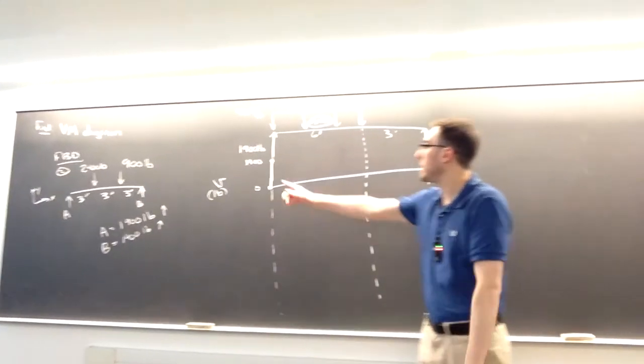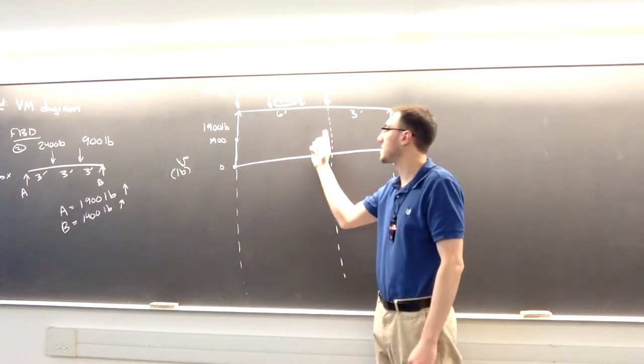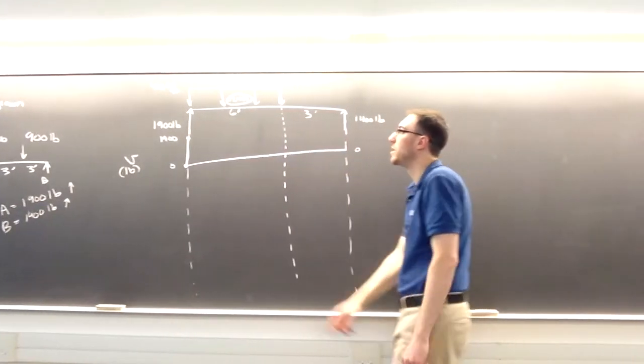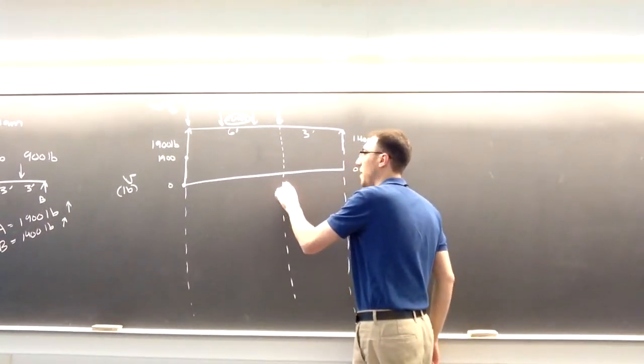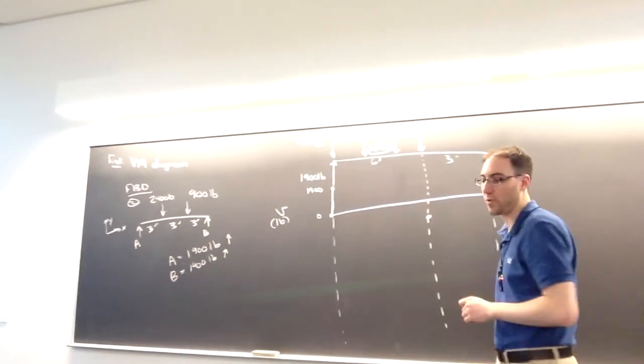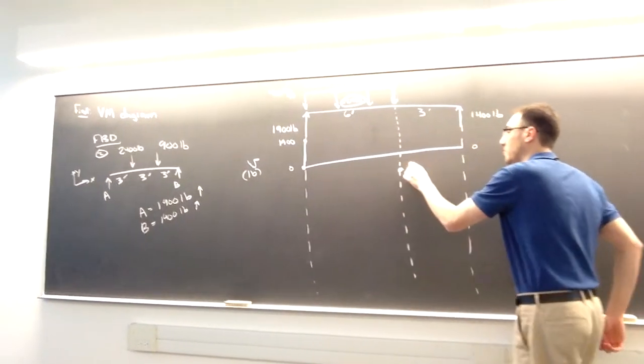Between this line and the next line, I do have a distributed load. So by the time I get to the next line, I'm going to lose 2,400 pounds from the value of V. So if I'm at 1,900 and I lose 2,400, I'm going to go down to -500.